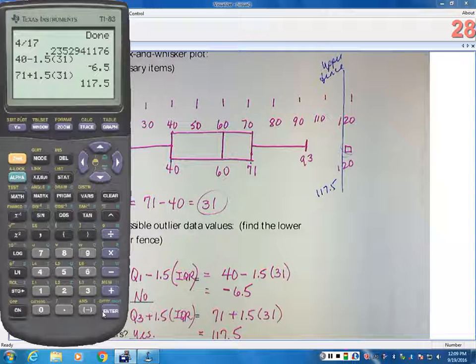Is there some mathematical justification for this particular formula, 1.5 times IQR? The 1.5 isn't magic. There is a mathematical formula for it. Basically, your interquartile range is what 50% of your data values are. Okay, it's the range of the middle 50%. So if you add half of that, you're basically saying, okay, 75% of your data, because half of 50% is 25%.